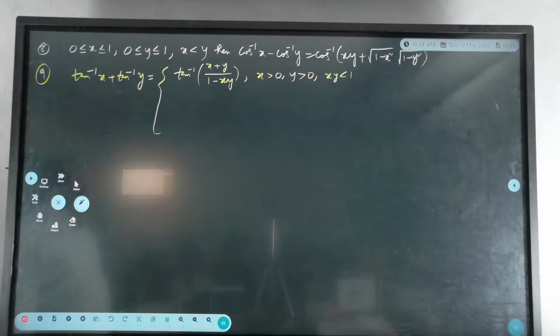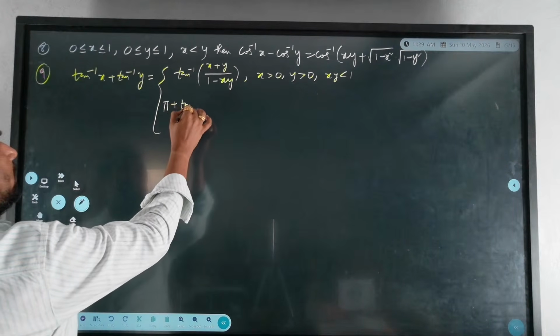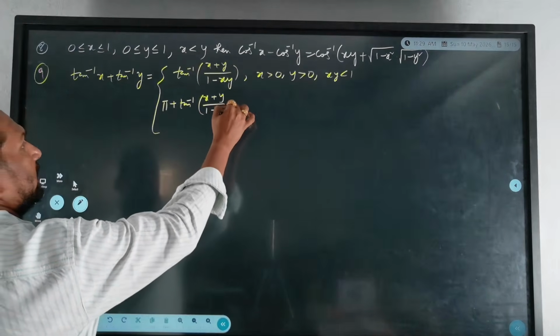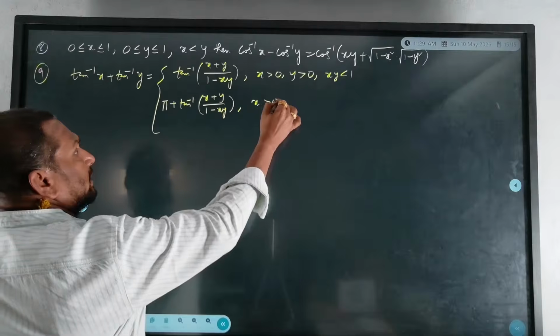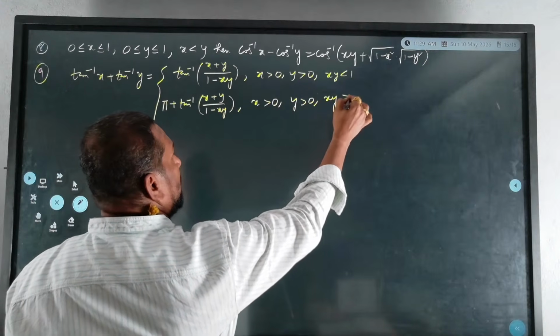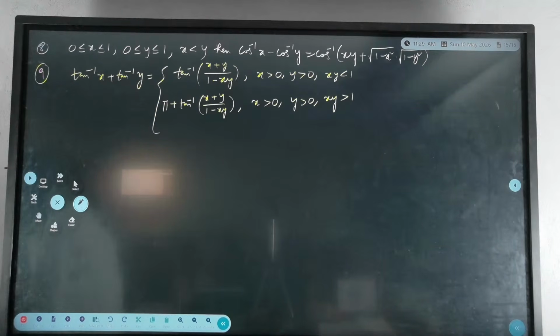Pi plus tan inverse of x plus y by 1 minus xy, here x greater than 0, y greater than 0, xy greater than 1.